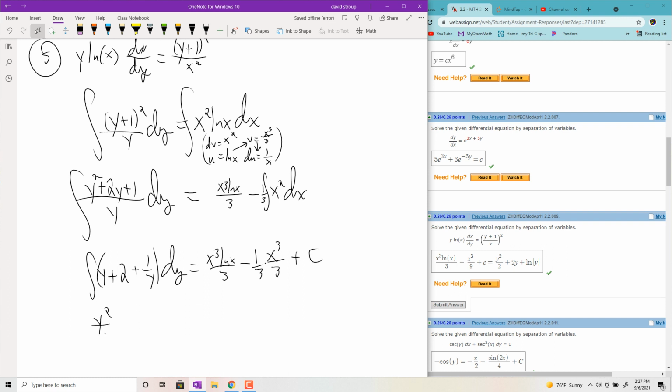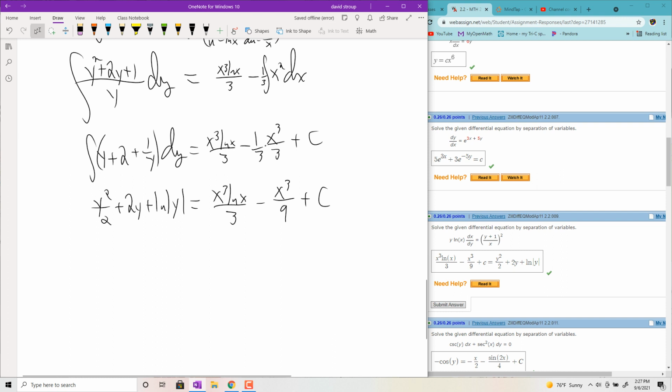Integrating, y squared over 2 plus 2y plus ln absolute value y. And on the right, x cubed ln x over 3 minus x cubed all over 9 plus c. You can multiply through by like 36 or something to get rid of all the fractions. But literally, I got sick of it, and I just typed it in as is, and that's the answer.